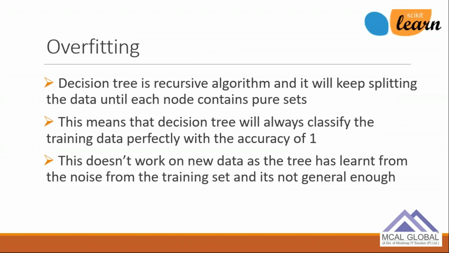A decision tree is a recursive algorithm and it will keep splitting the data until each node contains a pure set. A pure set is one wherein your Gini index is 0, or you have a particular class with probability equal to 1 and the rest 0.